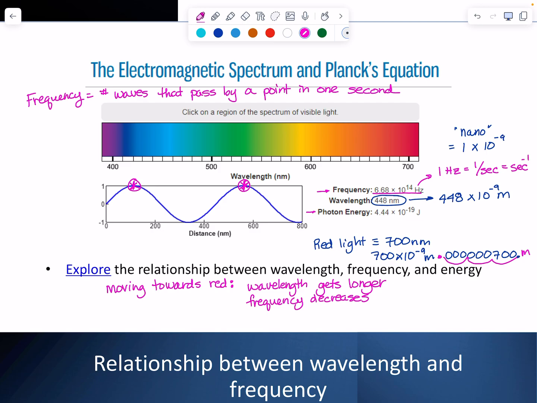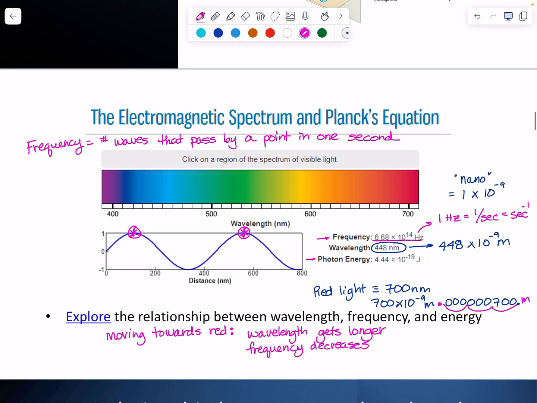And in sci-fi movies, when they talk about traveling in space, right? You sometimes hear the speed of light mentioned, right? And so light moves very, very fast, okay? But things with longer wavelengths, okay, will have fewer of those wavelengths pass by.